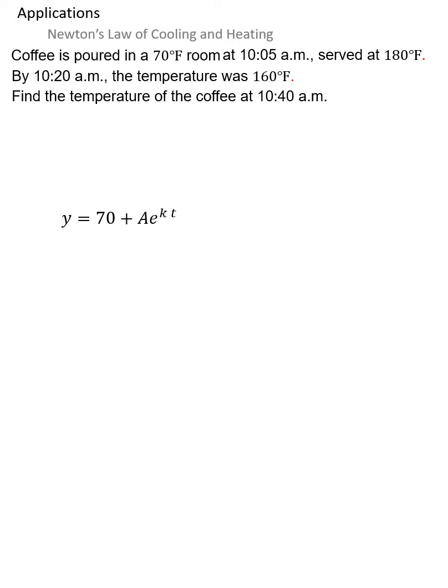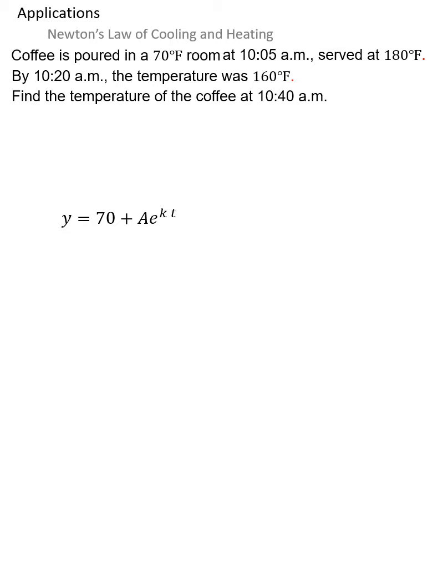So in this problem, Y represents temperature, T represents time, A and K are, as usual, constants we don't know yet, and E, of course, is about 2.718. Now, the first thing worth noting here is because the room temperature here is 70 degrees, then I put that as an added term in front of my exponential decay formula to model the temperature of this coffee.